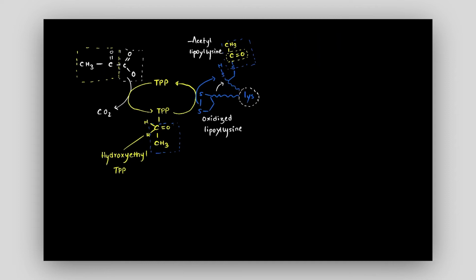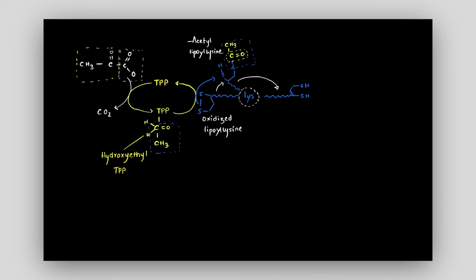Now when this acetyl form gets converted into the reduced form, I'm going to draw an arrow, and again the same lysine is getting converted into its reduced form. So I'll draw it like this. Again the lipoyl side chain, and here SH, SH.